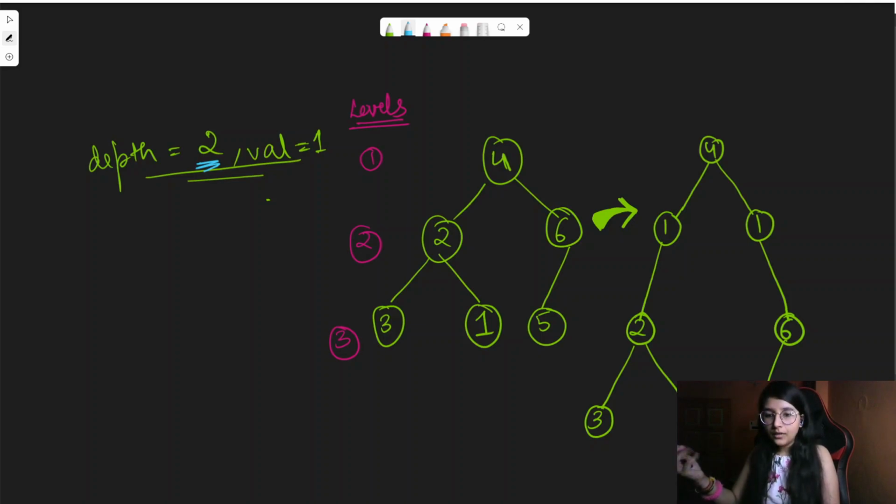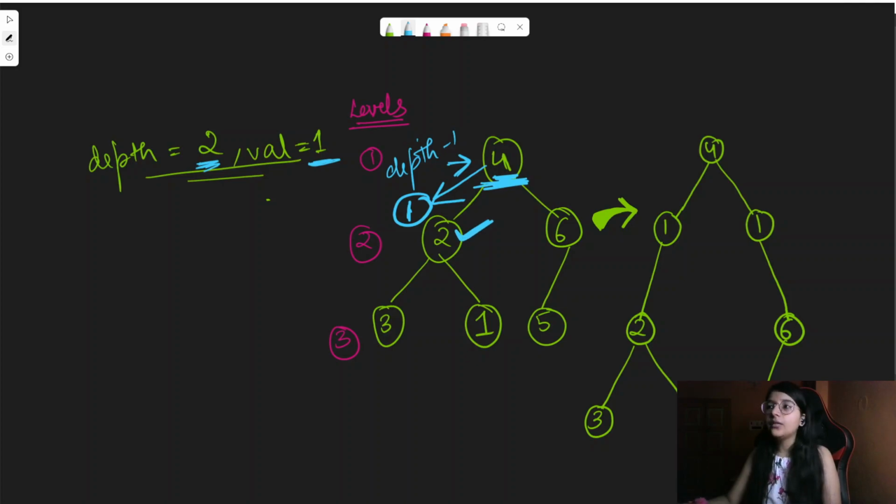At that moment, because depth equals 2, at depth minus 1, that is at this level, whatever node is present there, we will directly add towards its left a new node whose value is 1, and whatever was earlier left of this node, we will make as the left of the new node.